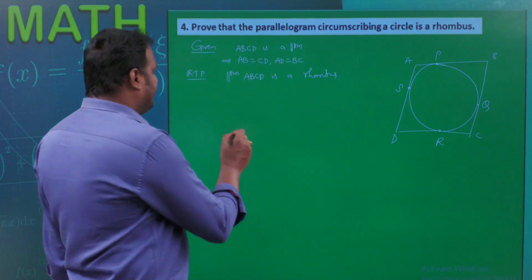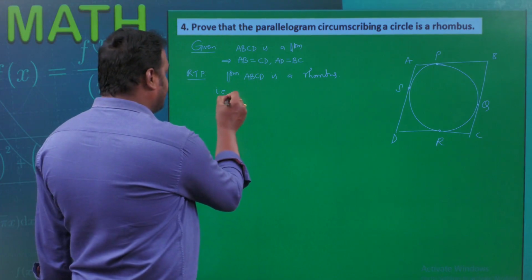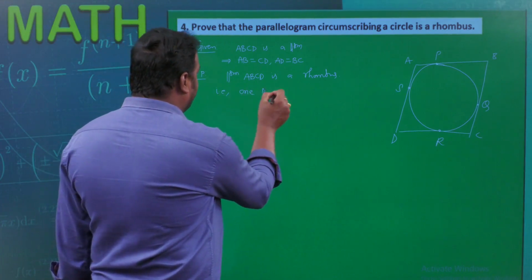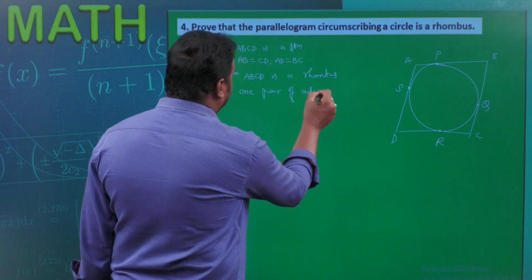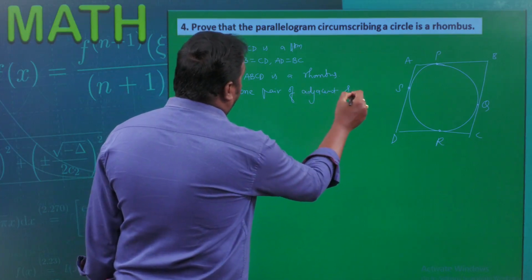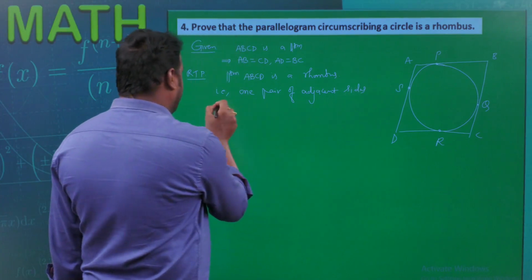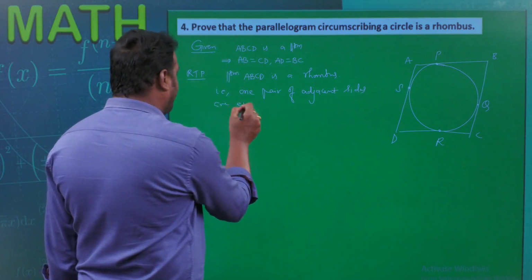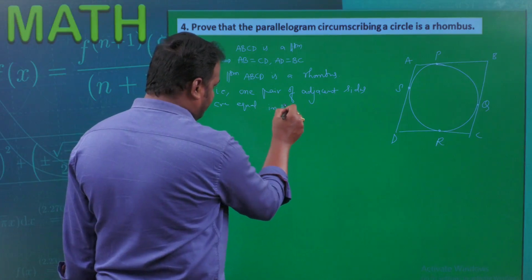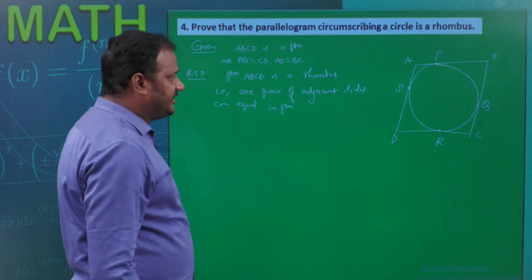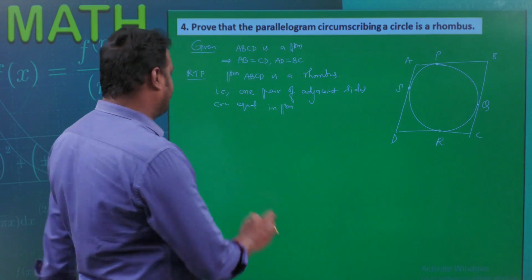So that is, one pair of adjacent sides are equal in the parallelogram. How do you prove that one pair of adjacent sides are equal in a parallelogram?